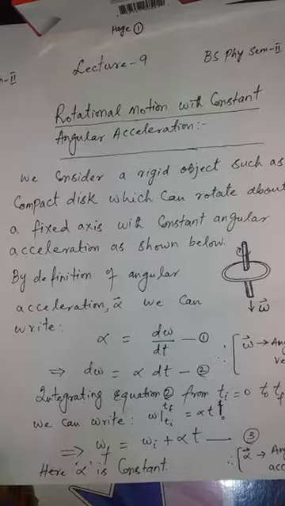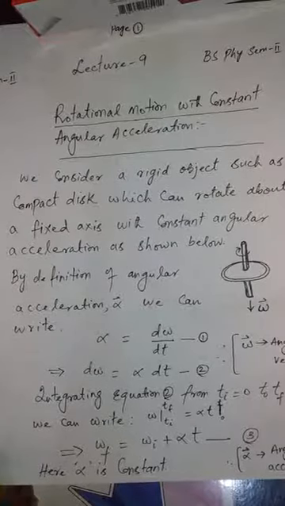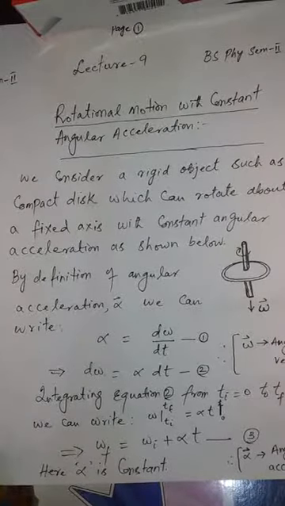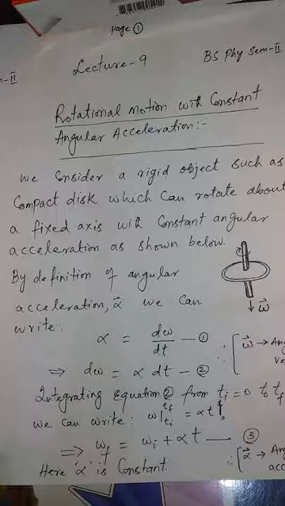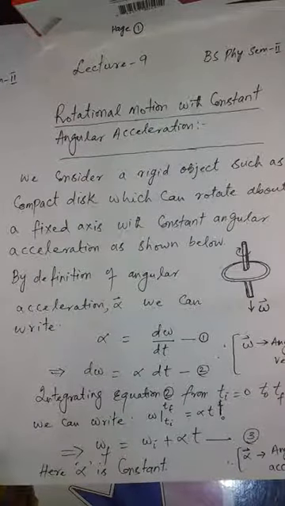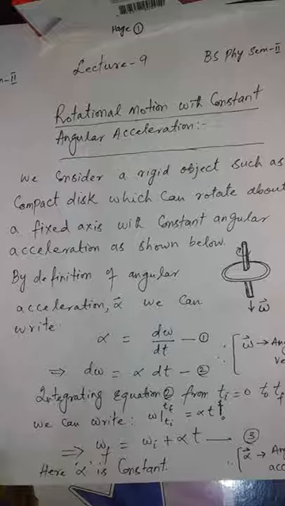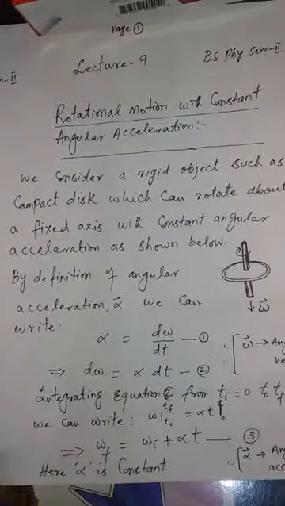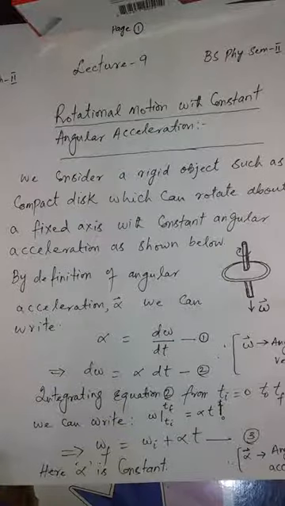This is our ninth lecture, and we will discuss rotational motion with constant angular acceleration. For this purpose, we have to consider a rigid object such as a compact disk which can rotate about a fixed axis with constant angular acceleration, as shown in the figure below.